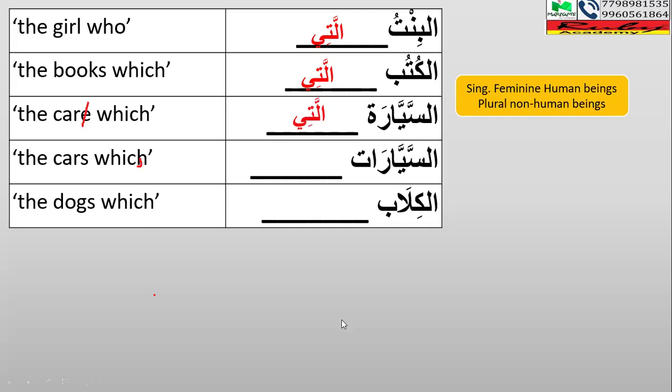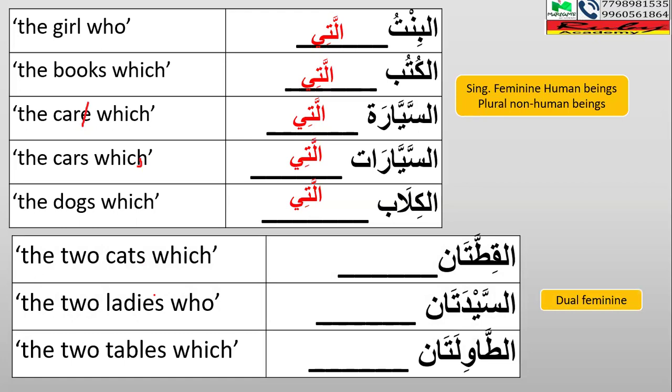Sayyaratun, the same, non-human plural. Now al-kilabu, kalbun, kilabun, the dogs which, allati. Are you getting it now? The same rule we need to follow. In Arabic, rules are not changed. They are fixed, we only need to keep it in mind.